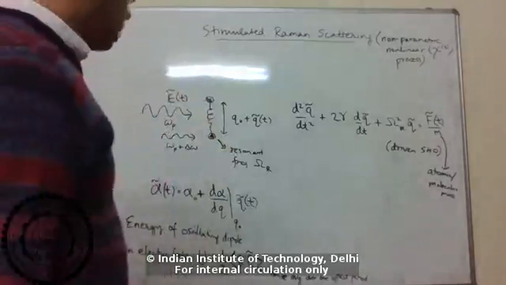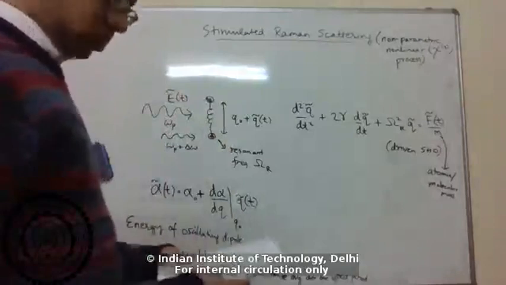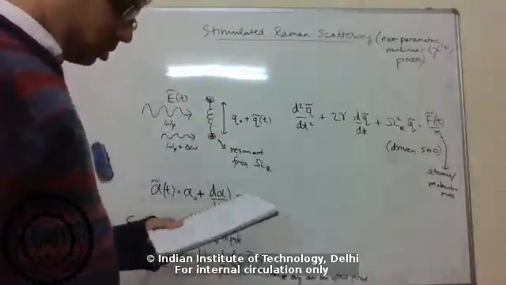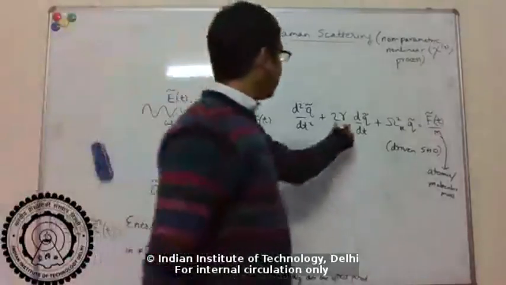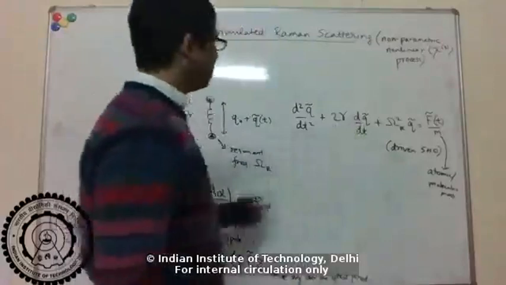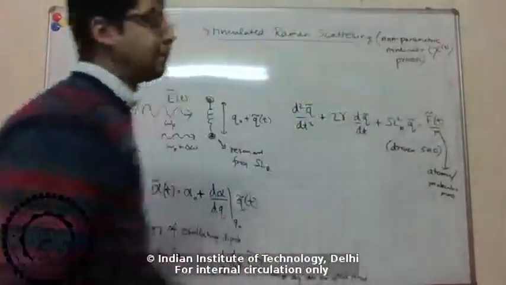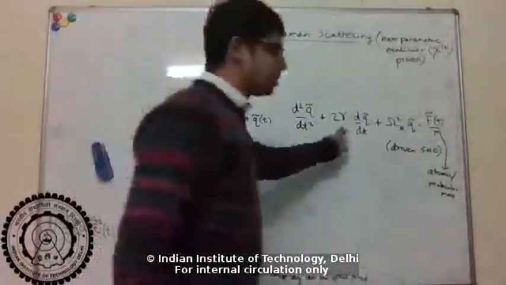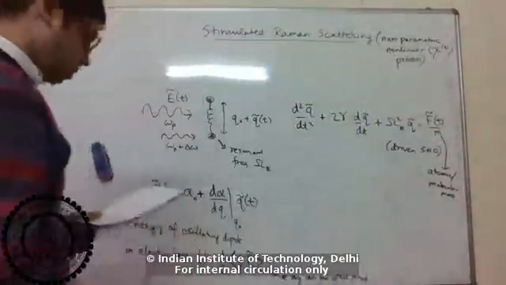Why do you expect a non-conservative force? There may be some friction, damping forces, which are non-conservative in nature. But that damping we've taken separately, so this force will be the external force acting here. Okay, so damping is taken separately, the rate at which these oscillations are decaying.